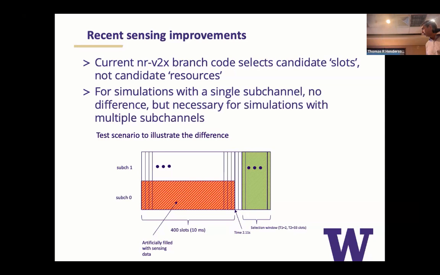But in the new code, on first pass, it will ignore these resources in the selection window, but it will allow scheduling because these are empty in the sensing window. That's, I guess, a trivial example that demonstrates the difference between the code we're talking about here and the last release.